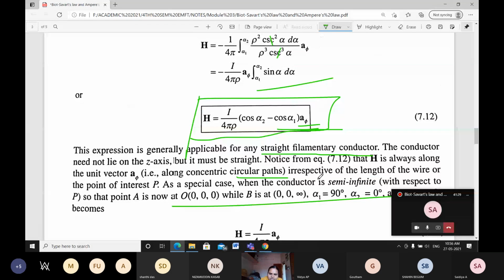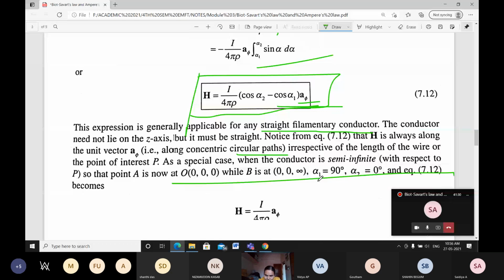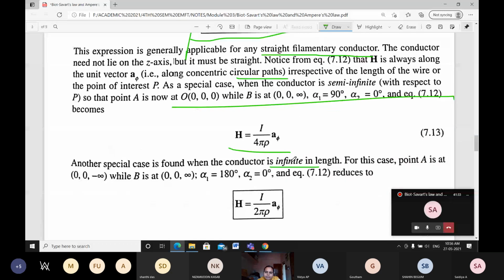The second special case is infinite length. If I take it, point A is at minus infinity and B is again at infinity. It is just an assumption, not practical. Then alpha 1 is 180 degrees and alpha 2 is 0 degrees.